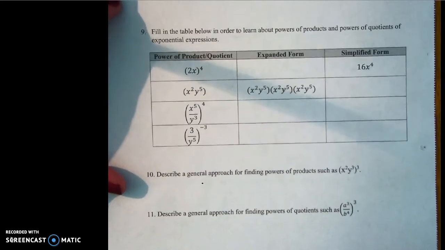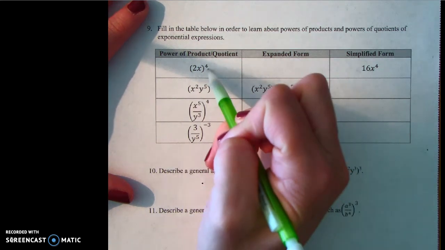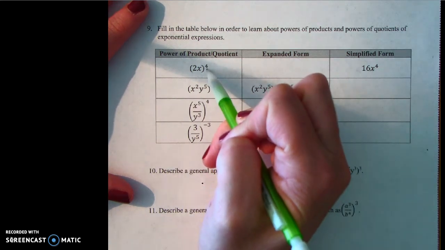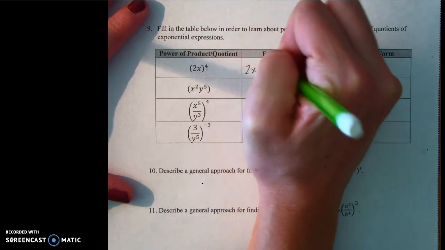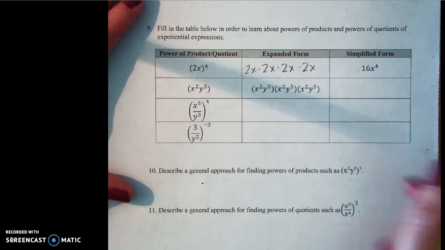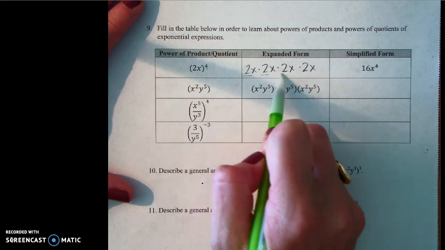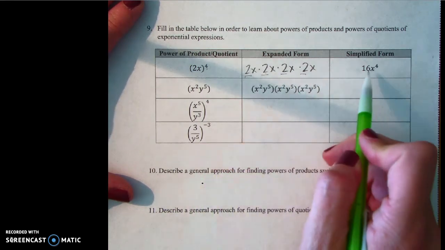Last page, fill in the table below to learn about powers of products and powers of quotients. So if your exponent is on the outside of the parentheses here, what this really means is 2x times 2x times 2x times 2x. So we can combine what looks the same. All of these coefficients, these numbers, we can multiply together. 2 times 2 times 2 times 2 is 16.